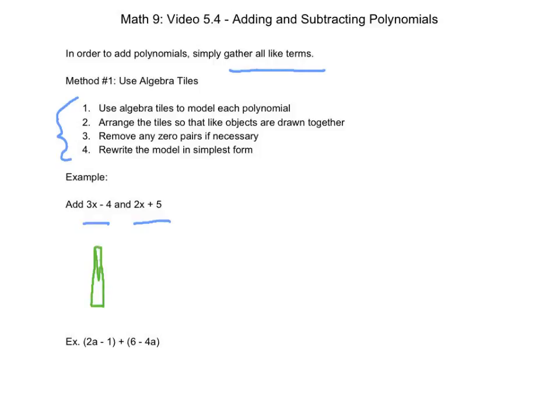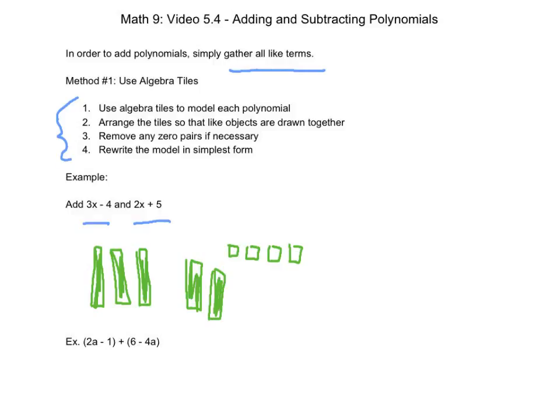So 3x, positive x tiles, and we're going to put the minus 4 ones over here. Then I'm going to draw out the 2x, and you'll see why I'm drawing them where I'm drawing them in a second. 2x and plus 5, so 5 little positive ones.